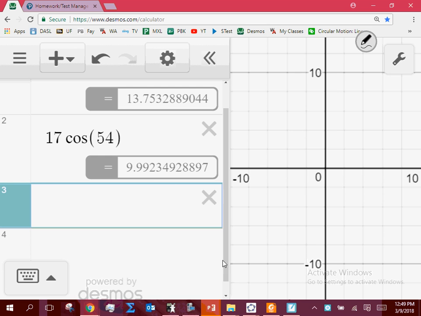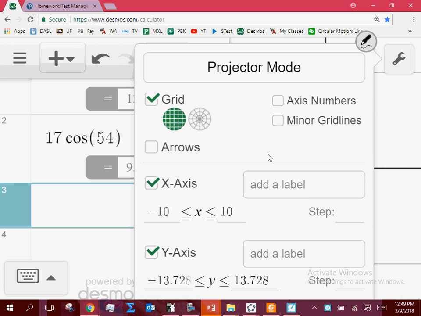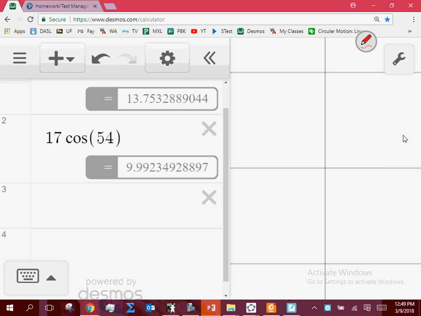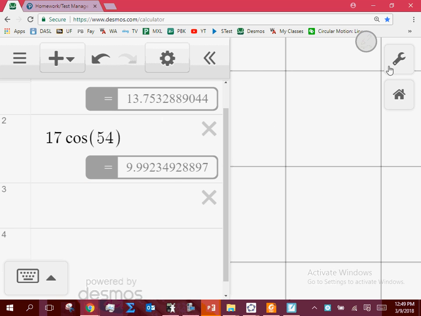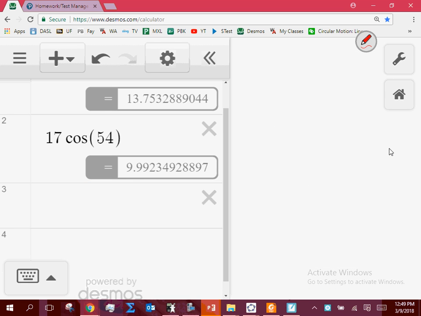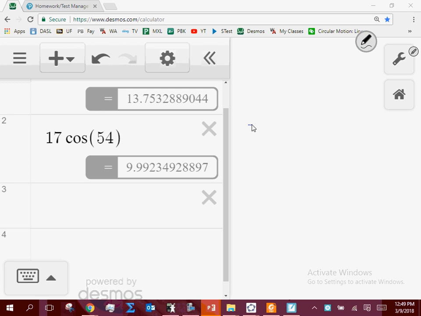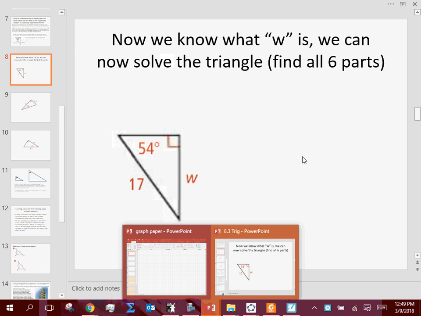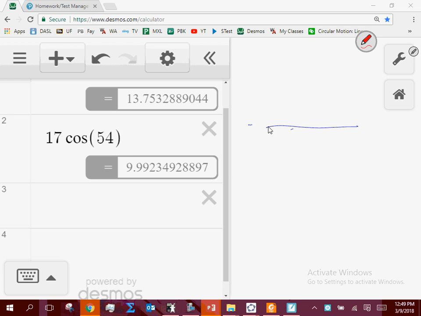And I just want to show you that rounding issue.